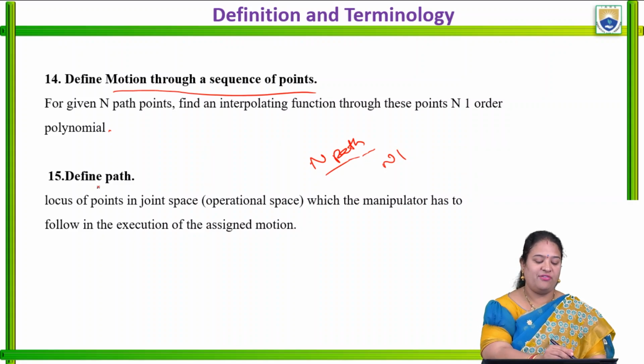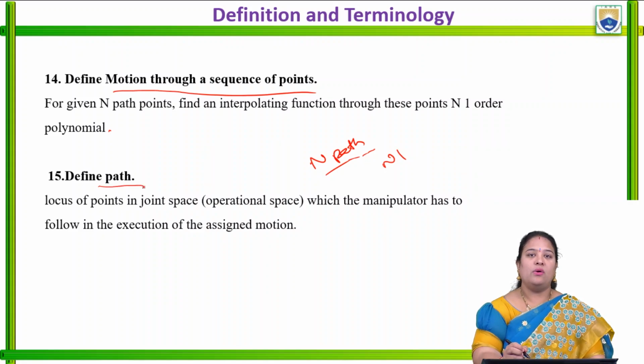Right? Next, define a path. When any particular robot has to move from one place to the other, there should be a path defined. That is the locus of the points in the joint space which the manipulator has to follow, the execution of the assigned motion.